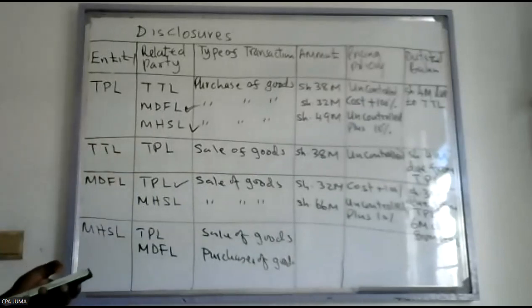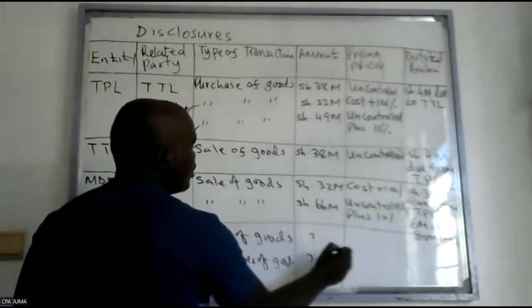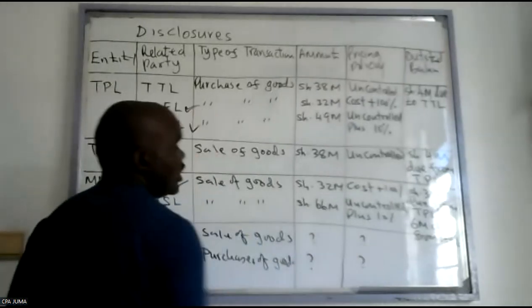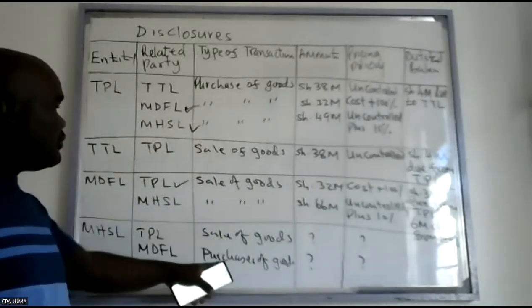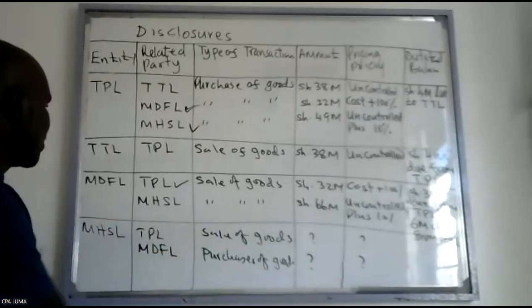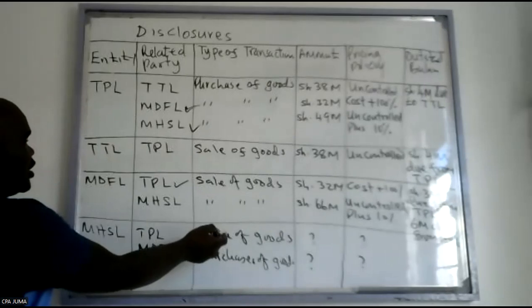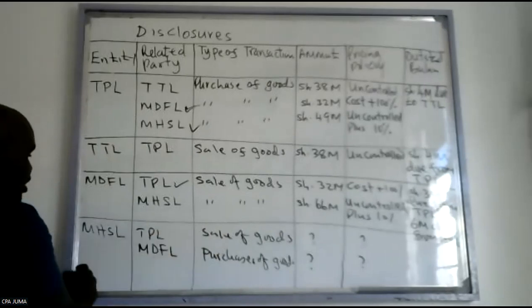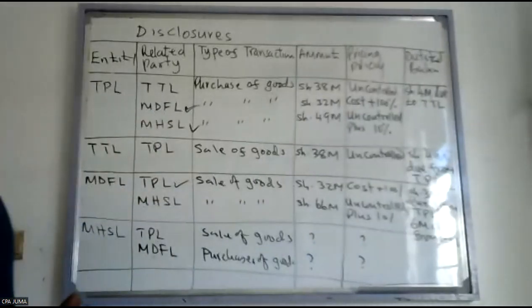So I think with the prices, you don't have any issue. This one is stated very well. Amounts, company sale, due from. If purchases, due to. So it will be due to MDFL. This one will be due from TPL. So finish that for me.